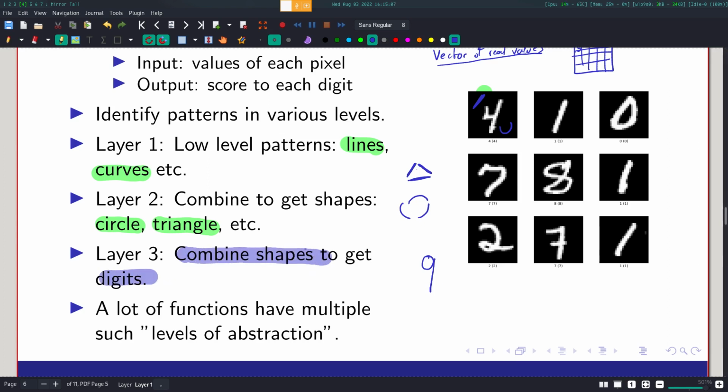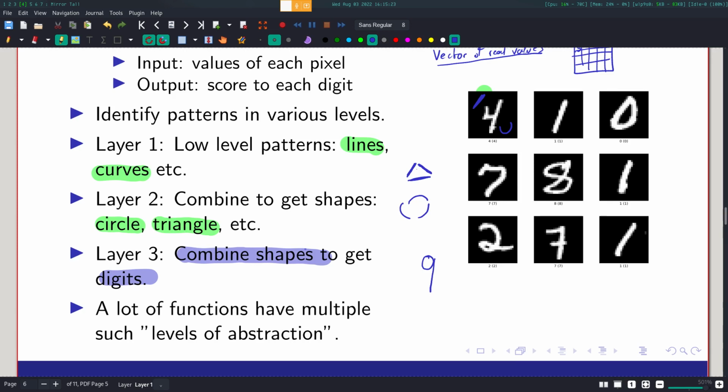So this is basically the intuition with which people started even exploring these neural network-like structures, right? The idea being that these problems have these sort of levels of abstraction into which we can split them.